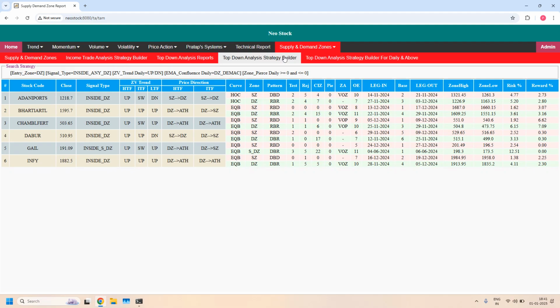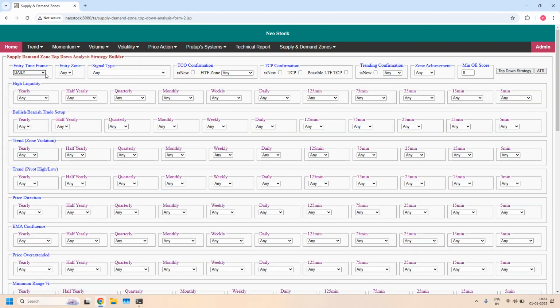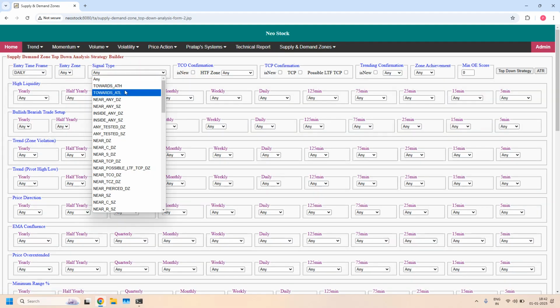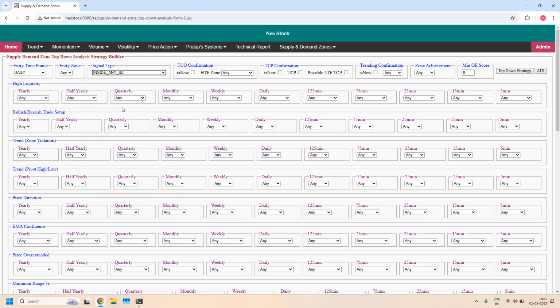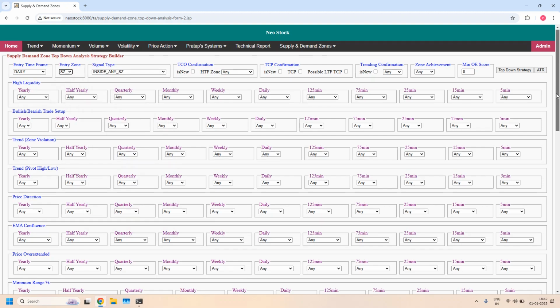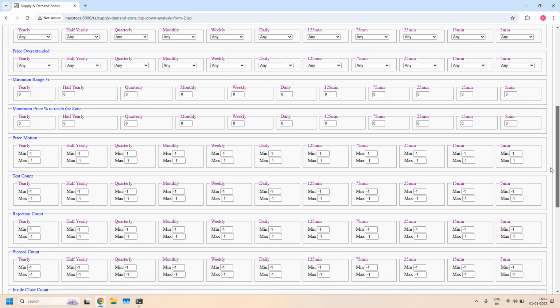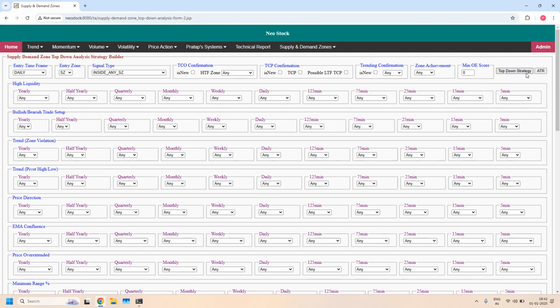Next, daily time frame. Let us find the stocks where price closed inside the daily supply zone, and these daily supply zones should not be pierced. So at pierced count at daily time frame, I am setting minimum value 0, maximum value 0, and let's filter the stocks.